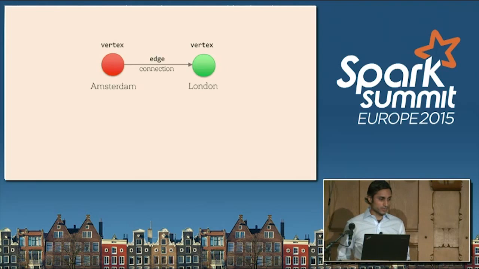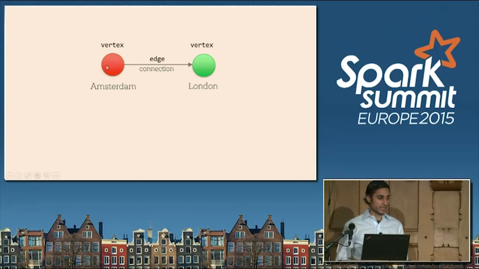All right, so this is how graphs work. Here I have a vertex for Amsterdam and a vertex for London and an edge, a connection from Amsterdam to London. Maybe the Amsterdam article has referred someone to the London article.